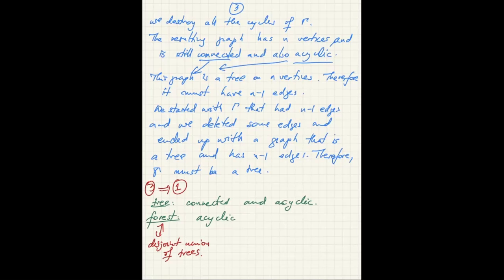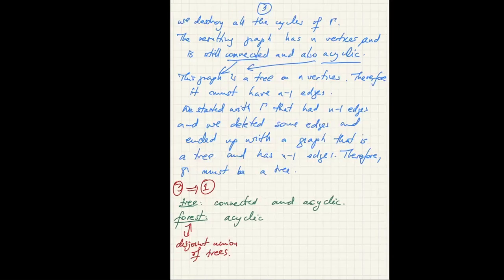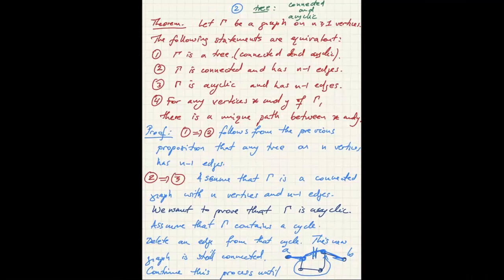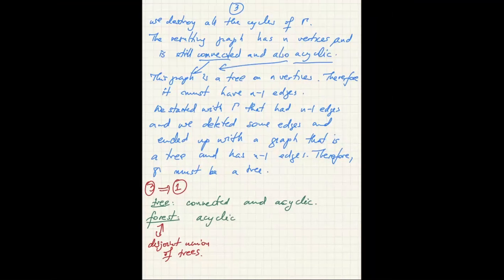Okay. Now, when we want to prove 3 implies 1, let's see what 3 is. 3 is that gamma is acyclic and it has n minus 1 edges. And we want to prove that gamma is connected, which is that gamma is a tree, essentially. So assume that gamma is acyclic with n minus 1 edges.